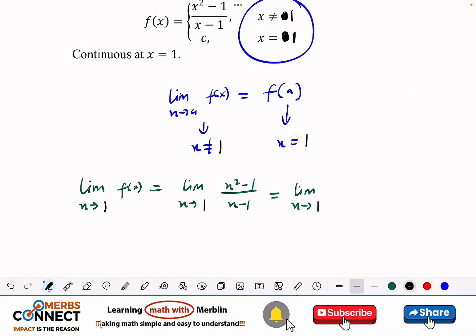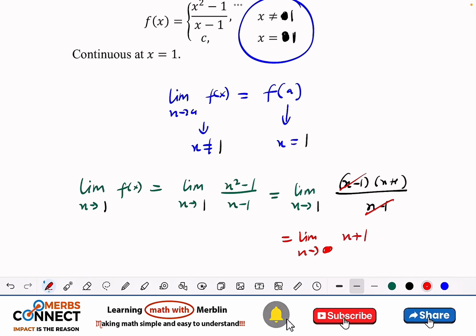So we need to simplify. Simplify the top, x minus 1, x plus 1, difference of 2 squares, and x minus 1. And this cancels this, so we are going to have limit x approaching 1 of x plus 1. And this is 1 plus 1, and this is equal to 2.